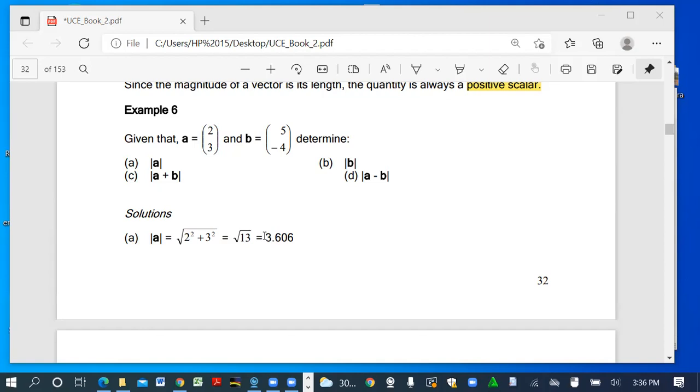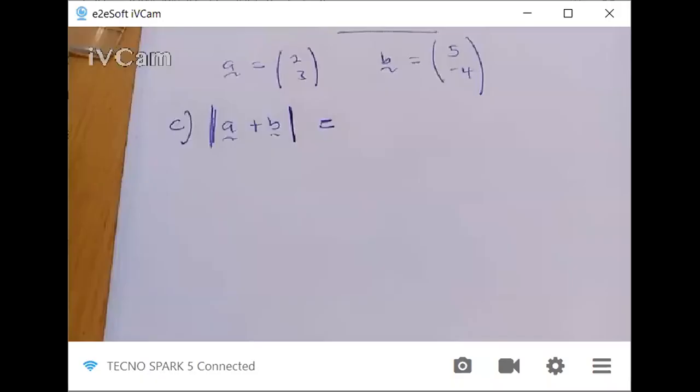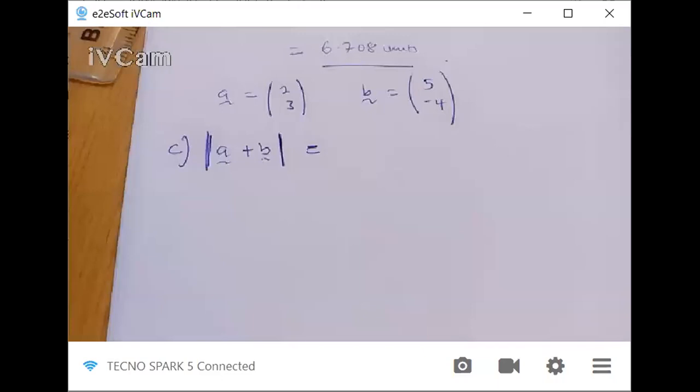So A has been given as (2, 3), and B has been given as (5, -4). We are left with something like 24 minutes for this session to end. Okay, so let me share with you what we are supposed to do. A has been given and B has been given.